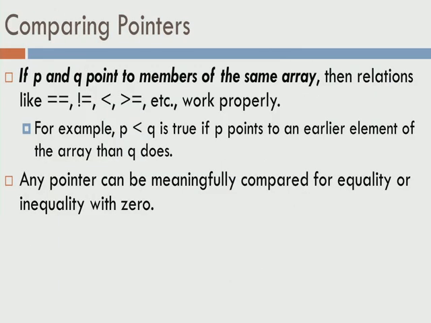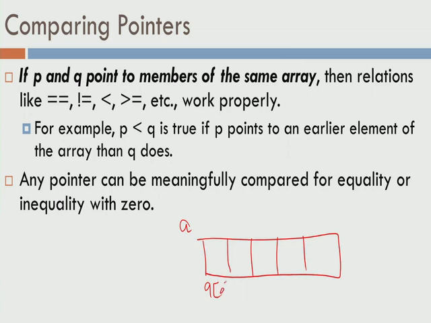You can compare pointers. If P and Q are pointing to members of the same array, then you can do things like equal to, not equal to, less than, and so on. Let us say I have an integer array, and I am drawing an array, not memory. Let us say this is A of 0 and this is A of 4.